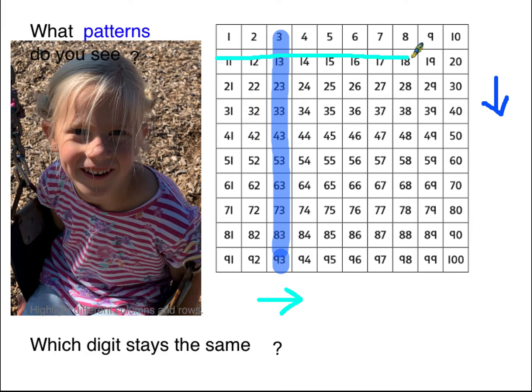These all start with 1. These all start with 4. These all start with 7. So when you go across, the first one, the tens digit stays the same. When you go down, the ones digit, the last one, stays the same.